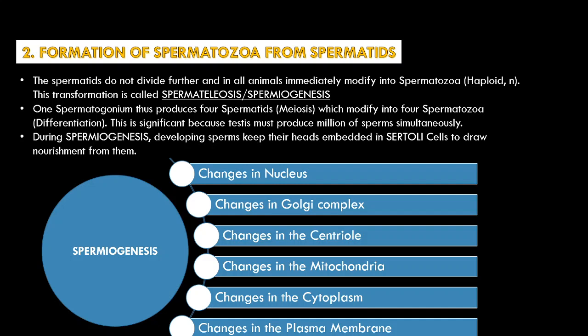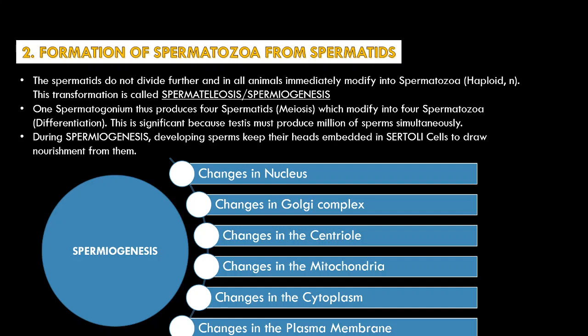Now we enter into the next stage of spermatogenesis, that is the formation of spermatozoa from spermatids. The spermatids do not divide further, and in all animals they immediately modify into spermatozoa.